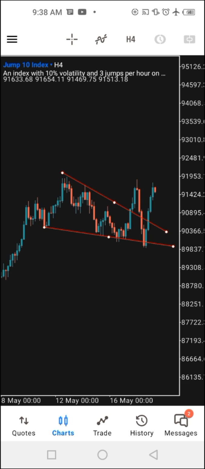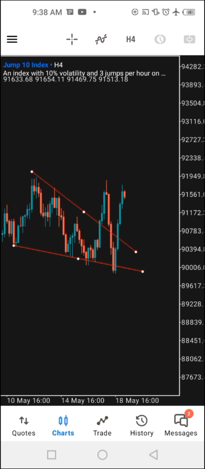Remember what I told you about a wedge and also a flag. When it is bearish, like when it is going down, the price will go up, and when the shape or the patterns is going up, price is coming down, right? So now this is how a pennant look like, right?